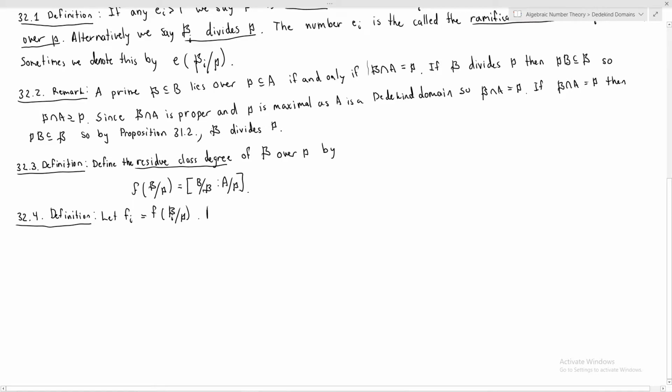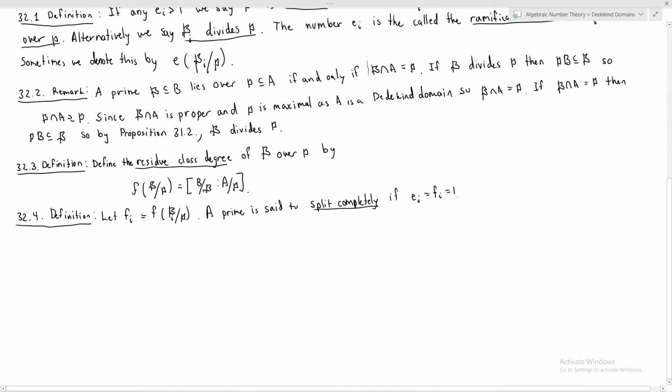And a prime is said to split completely if all the Ei's and the Fi's are equal to 1.